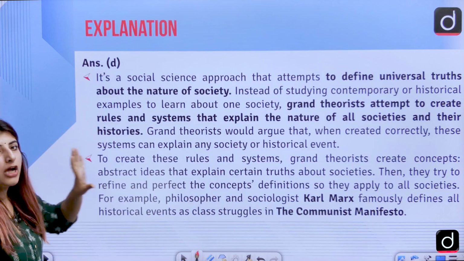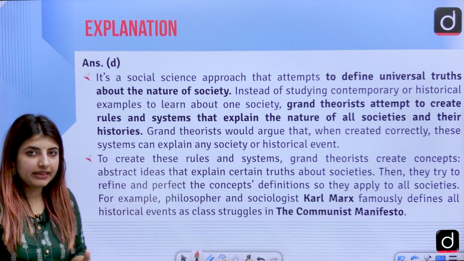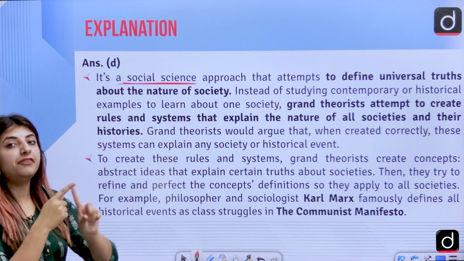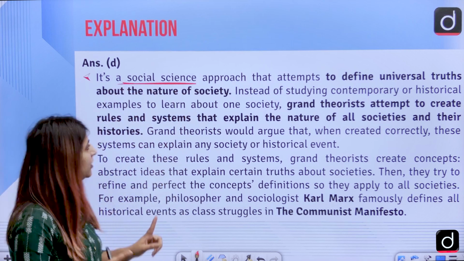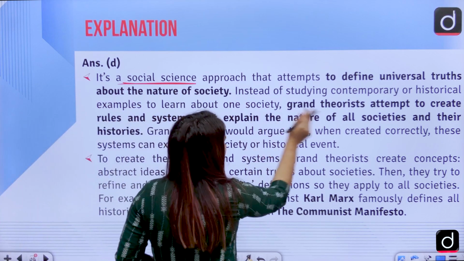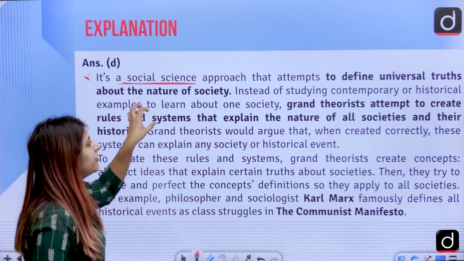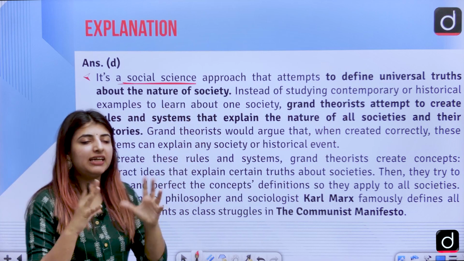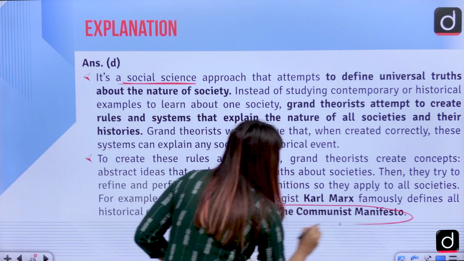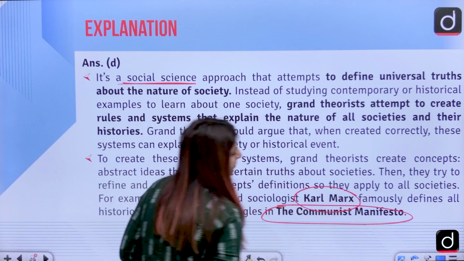So let's just see. First of all, what is a grand theory? A social science approach that attempts to define universal truths about the nature of society, right? Instead of studying contemporary or historical examples to learn about one society, let's just see, for example, the Communist Manifesto by Karl Marx, right?